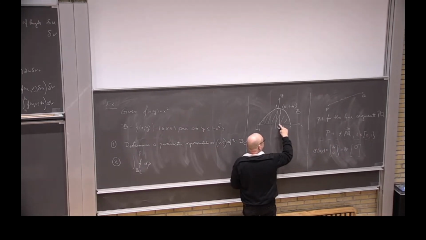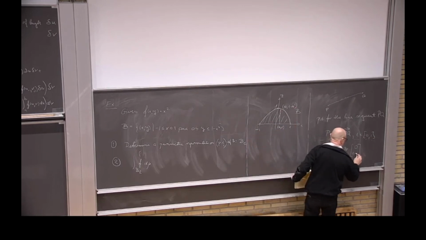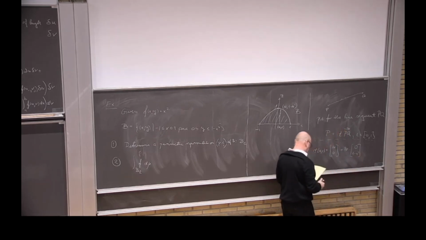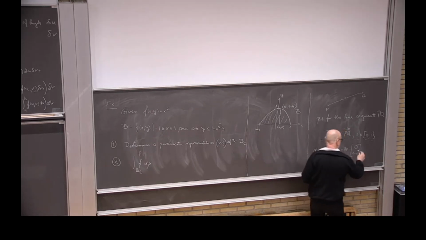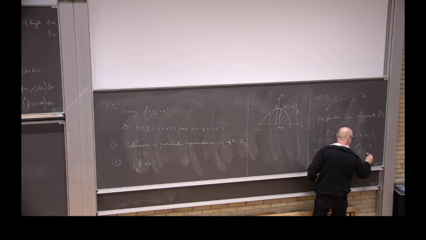The second coordinate is 1 minus u squared minus 0. That is 1 minus u squared. And then I can write it together. From the first coordinate, I get u. From the second coordinate, I get v times 1 minus u squared.